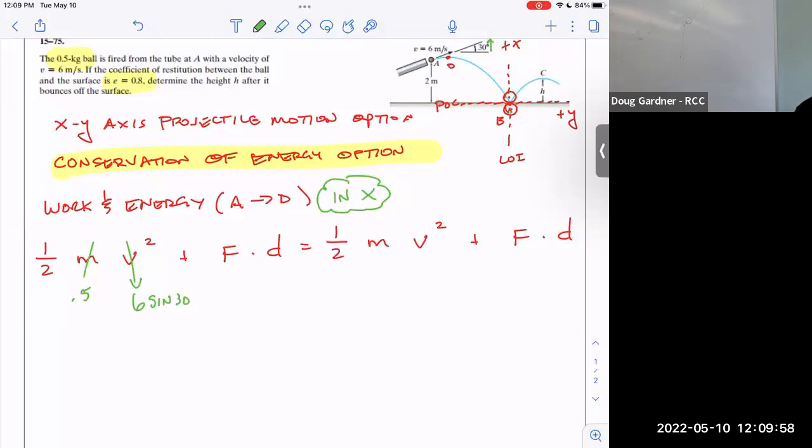What about its initial work energy, force times distance? Well, I've got a force, 0.5 kilograms, but I've got to multiply that by 9.81 meters per second squared to make it a force. Mass times acceleration is force. Force equals mass times acceleration.